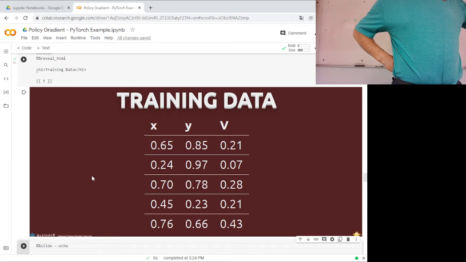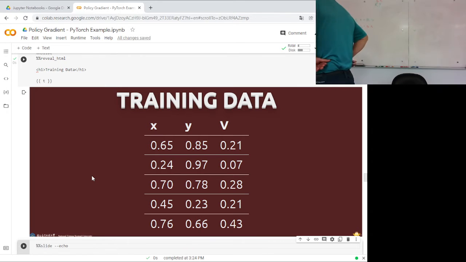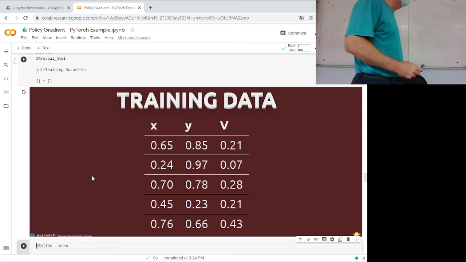So, what are the parameters? Theta 0, theta 1 for this linear regression problem? Or why is it called a linear regression problem?